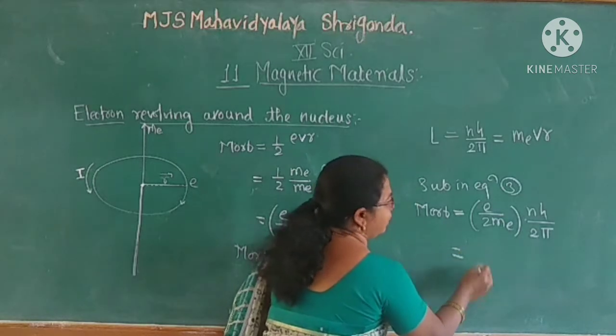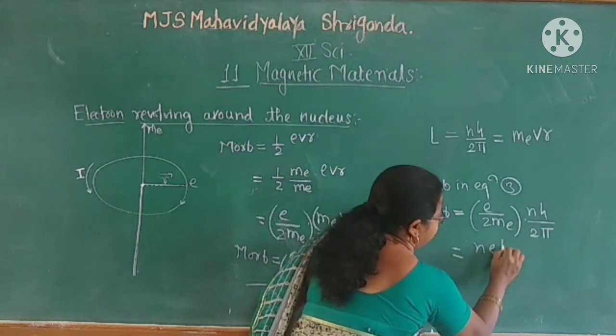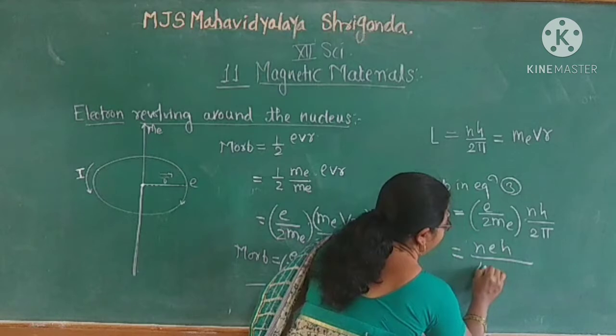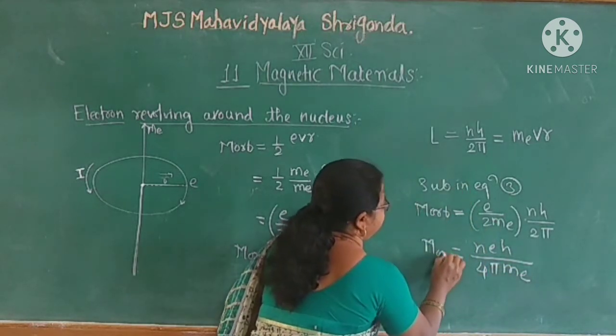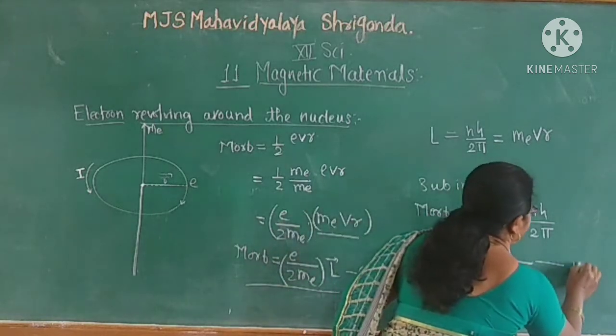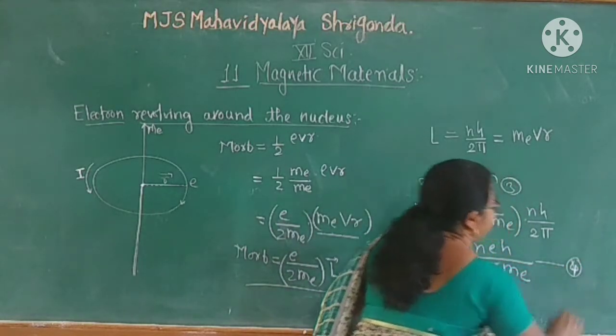Therefore, it is equal to neh divided by 4 pi me. M orbital, equation number 4.